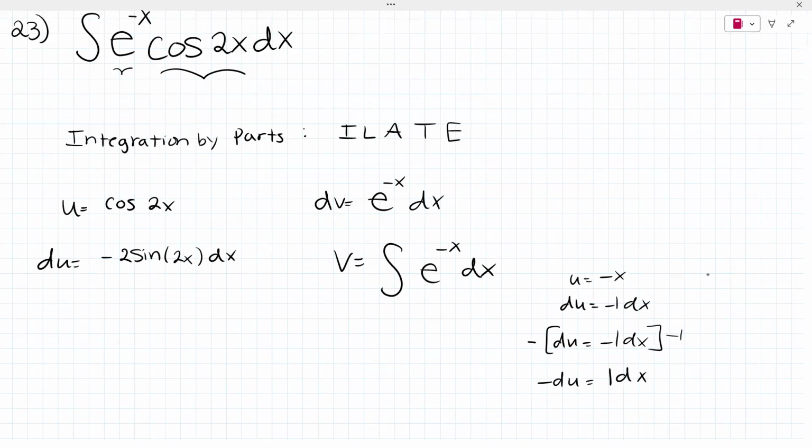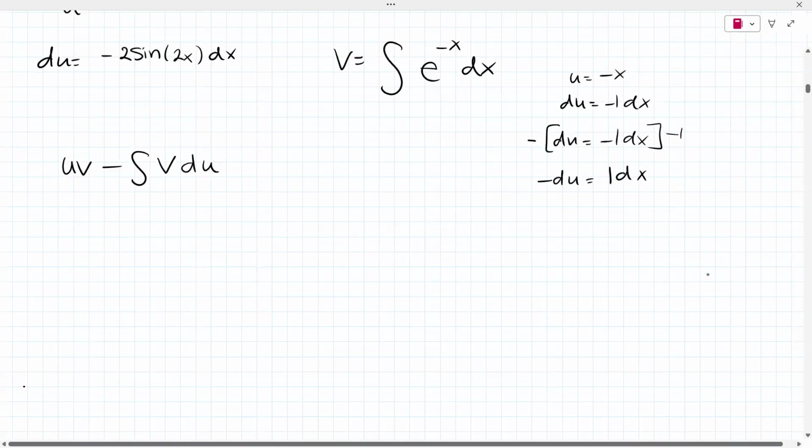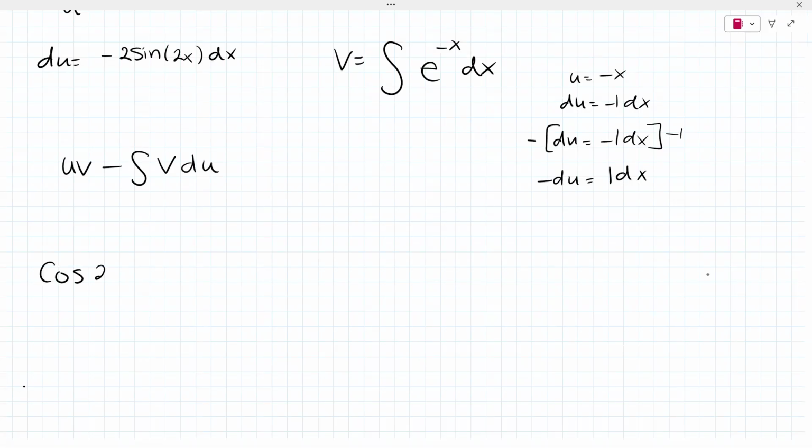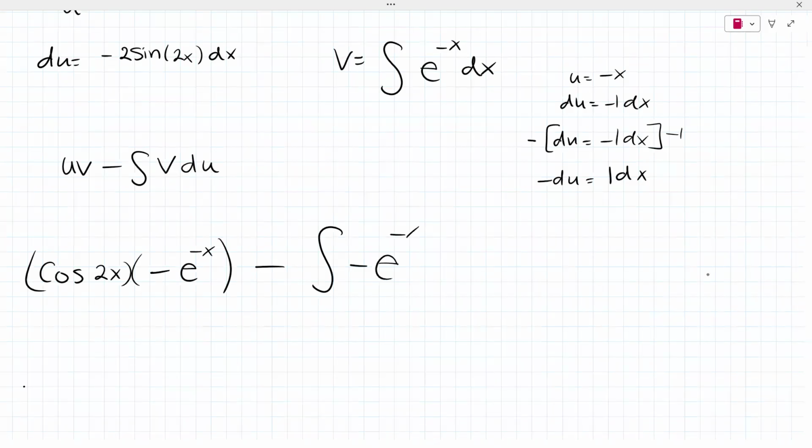So the integration by parts is uv minus integration of v du. So my u is cosine of 2x. My v is negative e to the negative x minus the integration of v, which is negative e to the negative x.